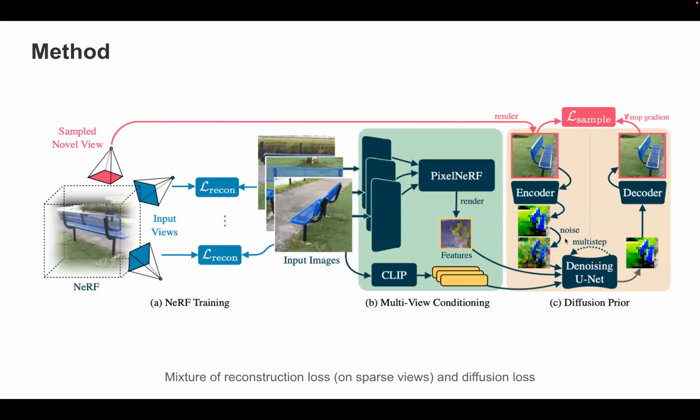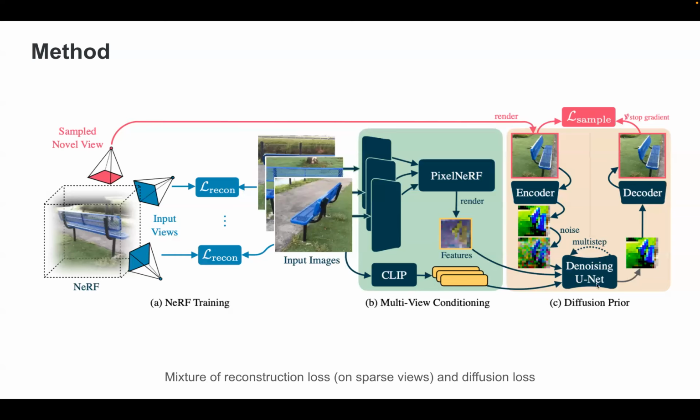This is not exactly the SDS kind of approach, where you add noise and do a single step with the diffusion network, but it's a multi-step approach. So you add a given amount of noise, which is not necessarily for one step, and in their case, they used 10 steps.